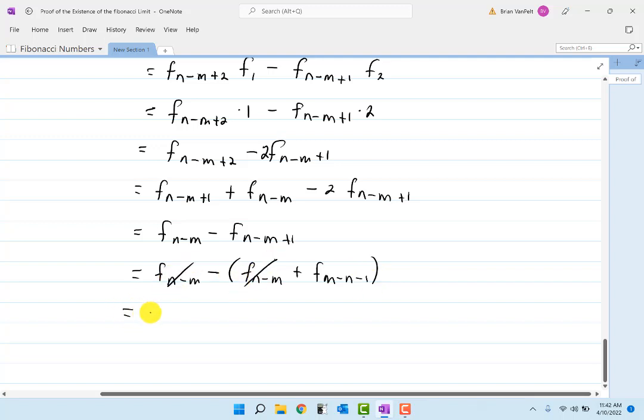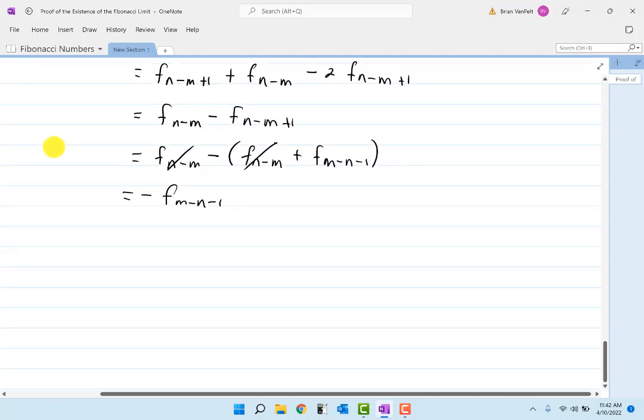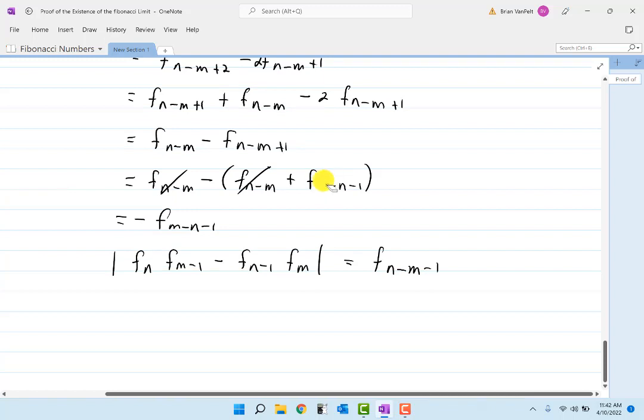Those will cancel, and we get negative f of m minus n minus 1. So that, in absolute value, f of n, f of m minus 1 minus f of n minus 1, f of m equals f of n minus m minus 1. I think I've got it right here, be careful, I got my indices mixed up. I'm surprised this didn't happen earlier. N minus m, and let me fix this here because the whole result relies on this.